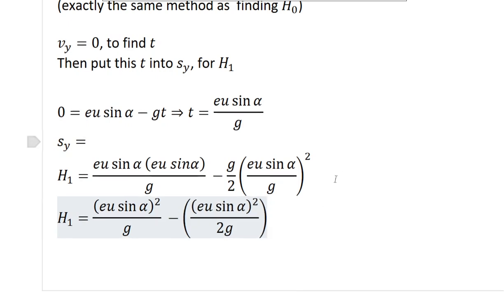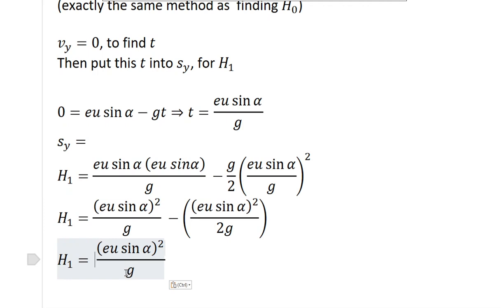Again, don't know why there's brackets there, but let's just leave it as that. Which gives us H1 equals, so this is one of these minus a half of those, which gives you a half of those.